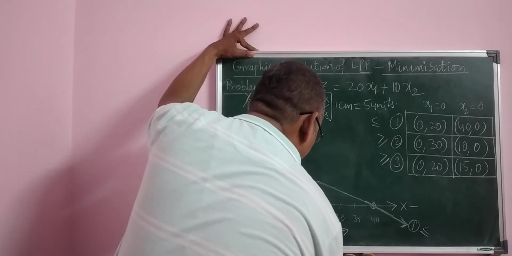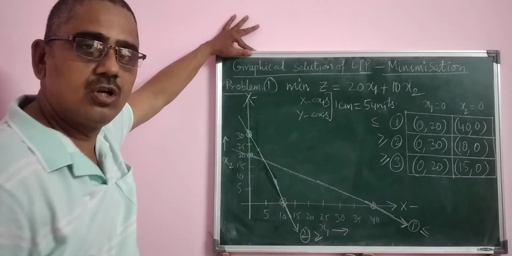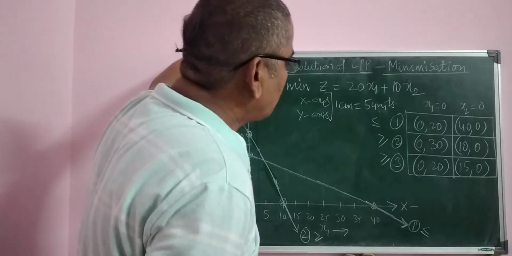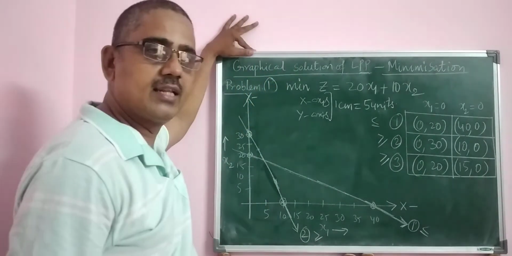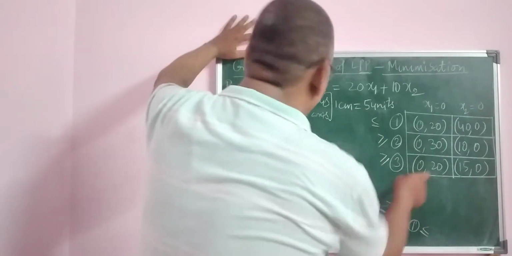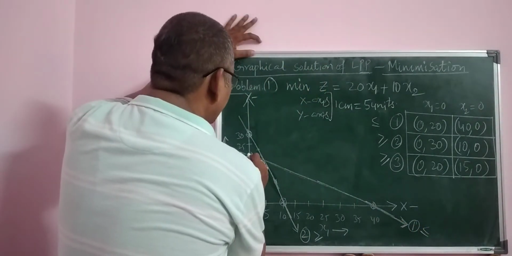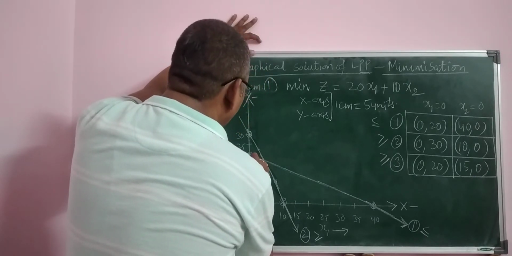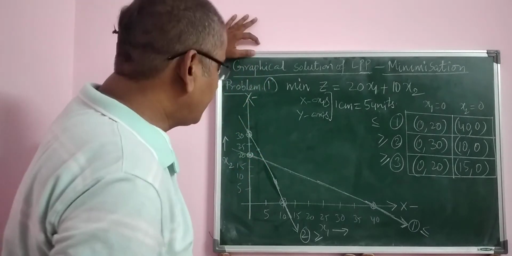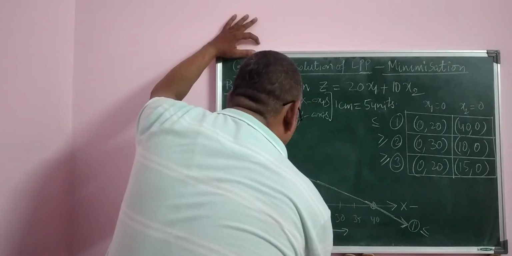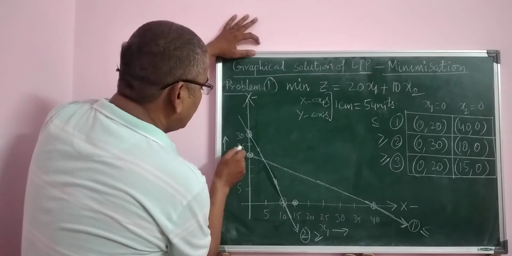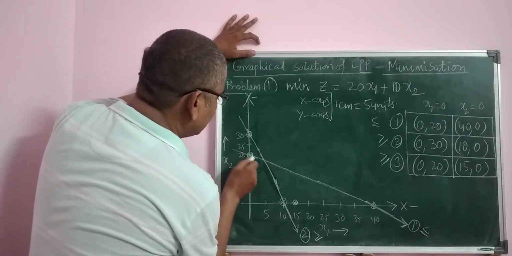So equation 2 is greater than or equal to. And then I have to consider the third equation, equation number 3: 0, 20, again the same point, and 15, 0. This is the point here. Then you should join the points.